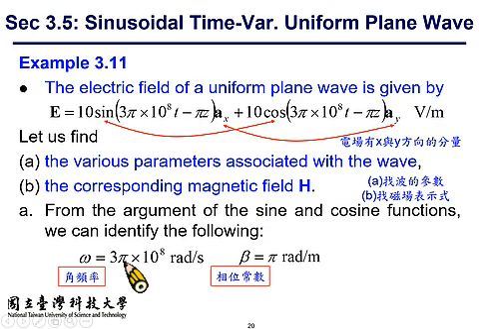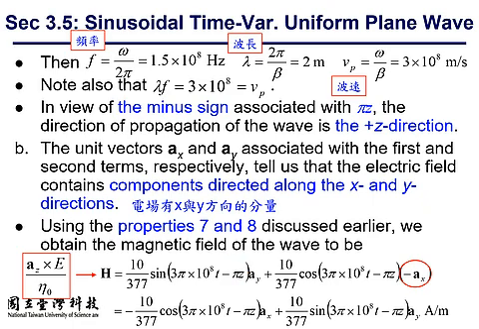And what is the frequency? Frequency f equals omega divided by 2 pi, so it's actually 1.5 times 10 to the eighth. And what is lambda? Lambda is 2 pi over beta. So the wavelength lambda in this case is what? 0.5. So the frequency is 1.5 times 10 to the eighth, and the wavelength is 0.5.